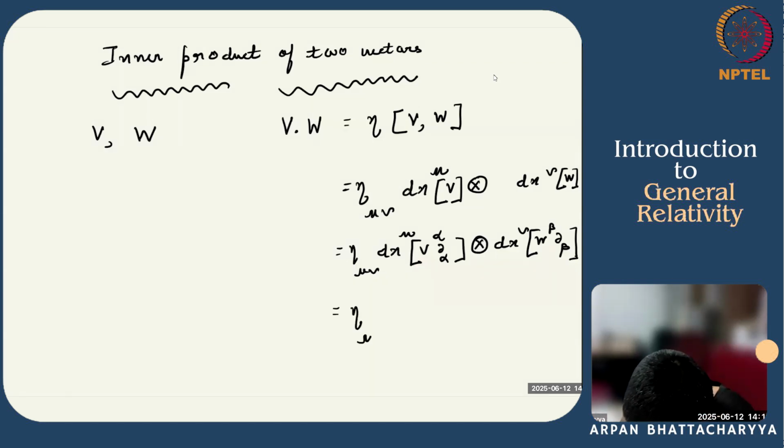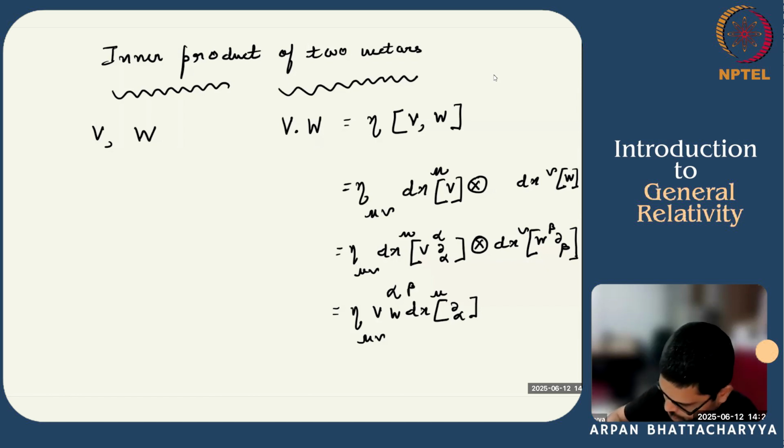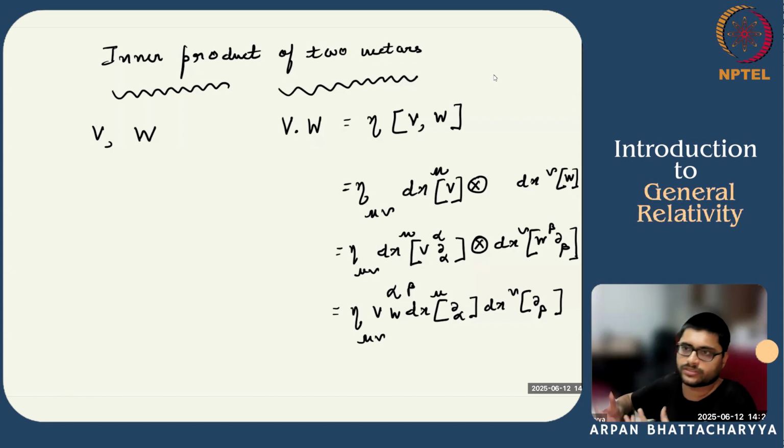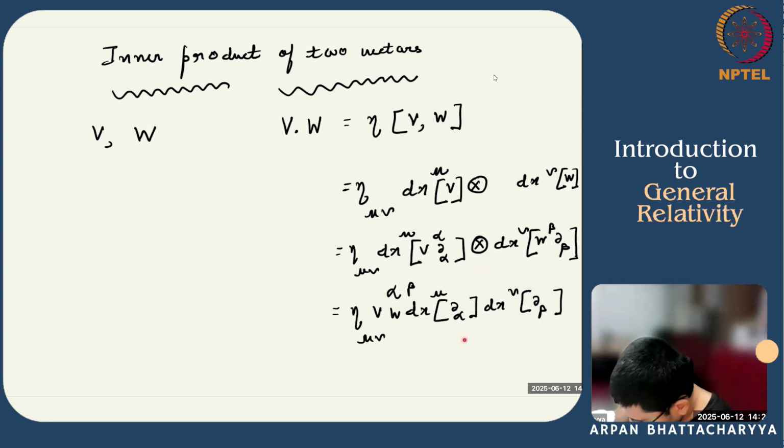So this is also a number. I'm just taking it out and writing it in as before. Also, we have dropped this tensor product notation because it's just a scalar number, and we know that this gives the Kronecker delta.